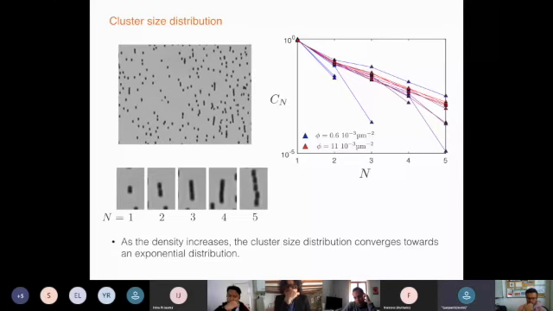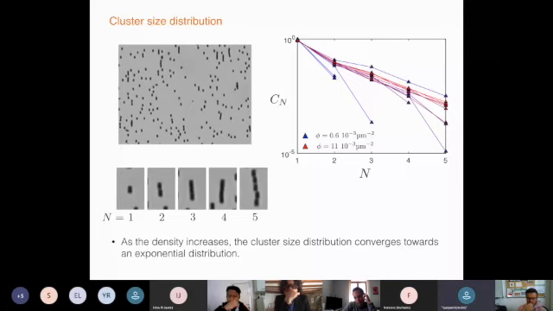And you can look at what we call the cluster size distribution, meaning the distribution of clusters with a size n, n being the number of particles in the bound state. The figure displays this cluster size distribution for different experiments performed at different densities. When it's blue, it's low density, and when it's red, it's high density.